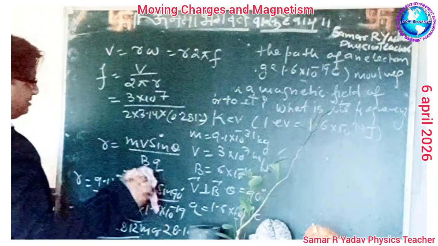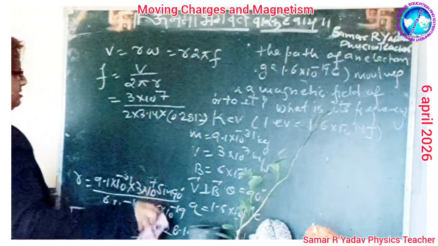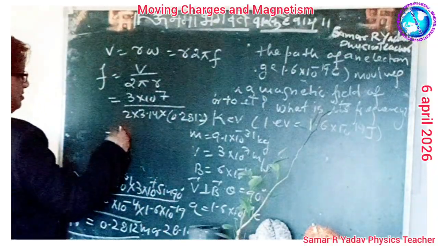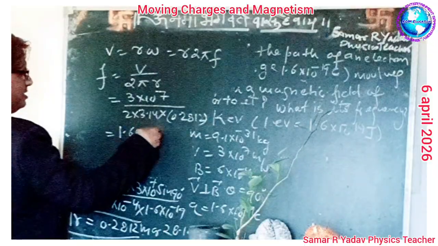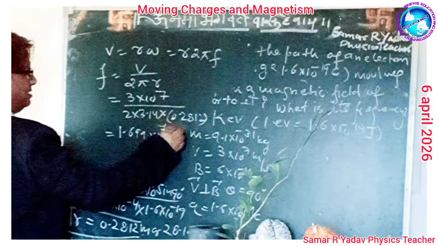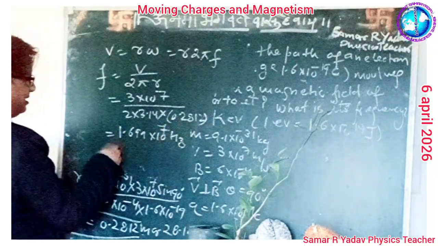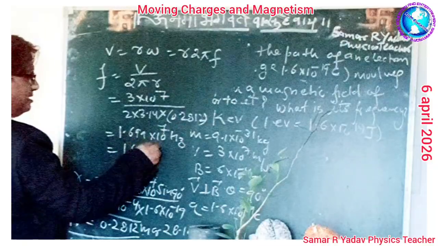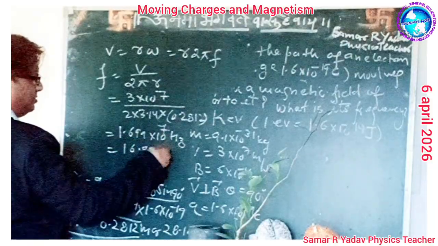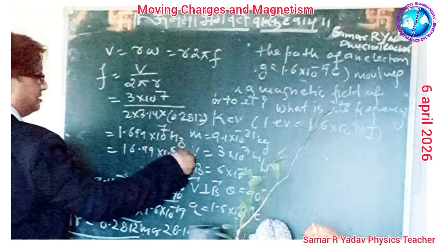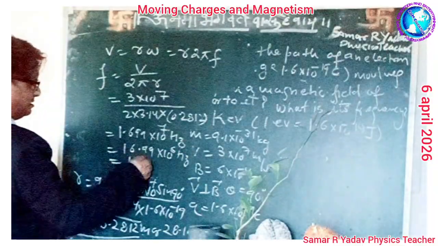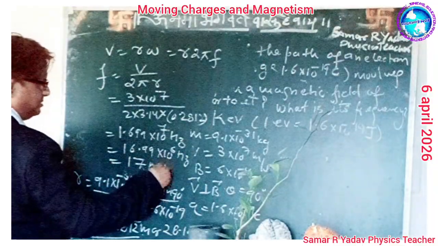Solving this, we get 1.699 into 10 to the power 7 hertz, or 16.99 into 10 to the power 6 hertz, which is equal to 17 megahertz.